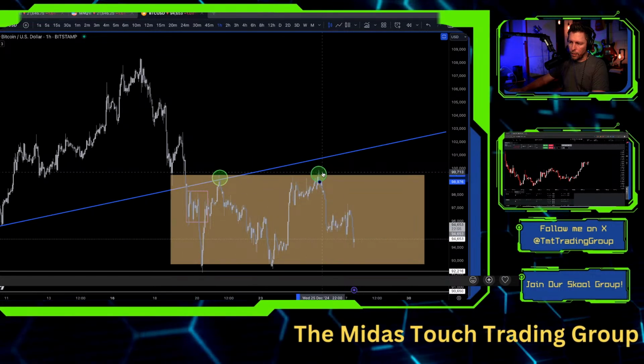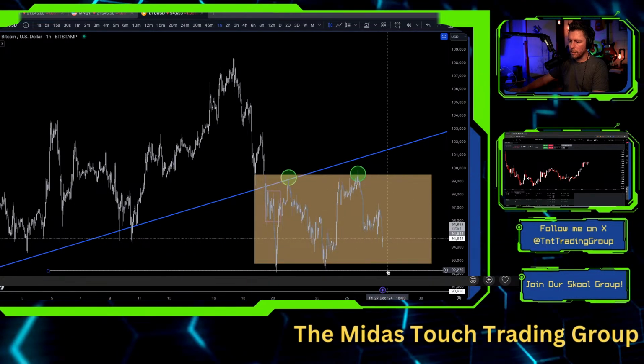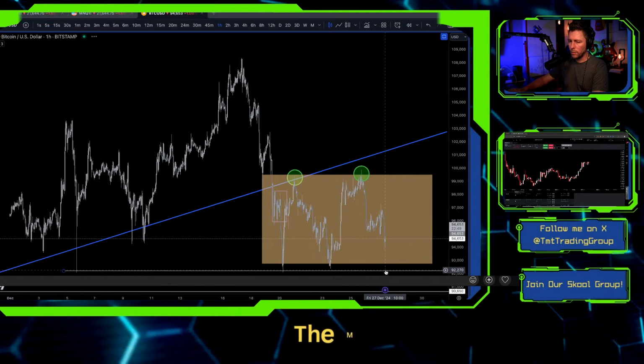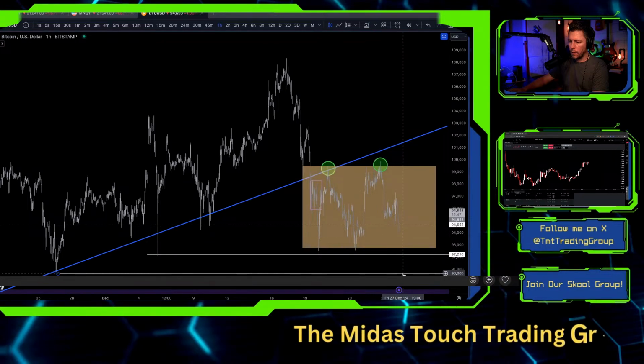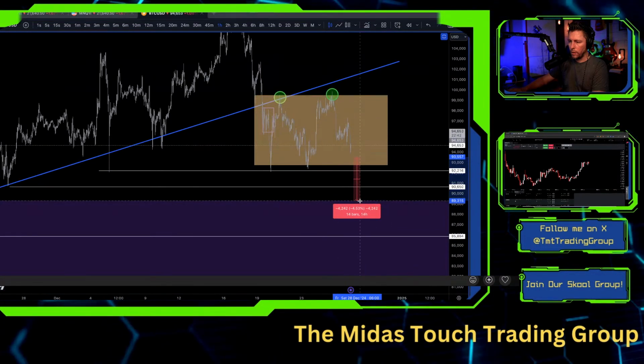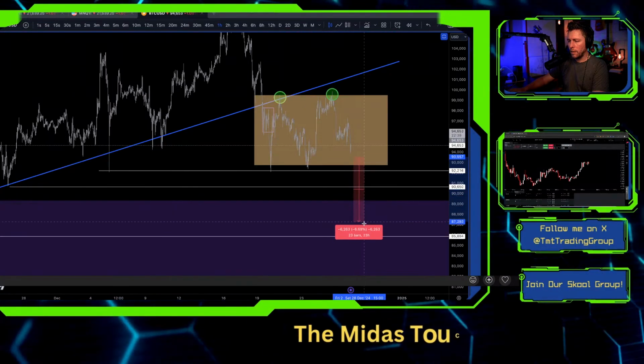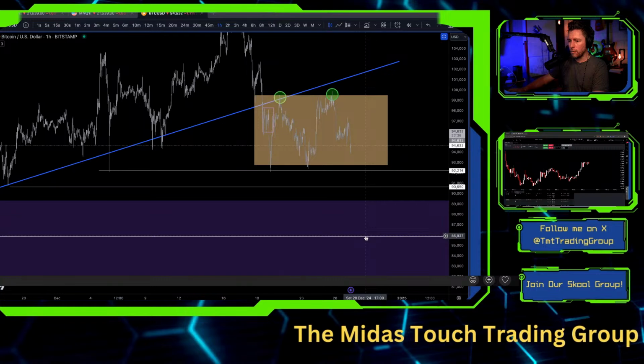She did retest that over here as well. So probably going to test the bottom of this range at 92. And then from there, I'm thinking that's where she breaks. And that's where you're going to see probably another leg down. That's going to be in the 90s, 90K. From there, 85 is right around the corner.